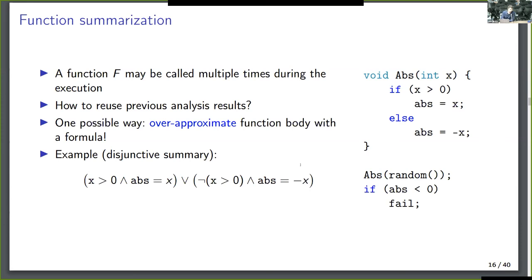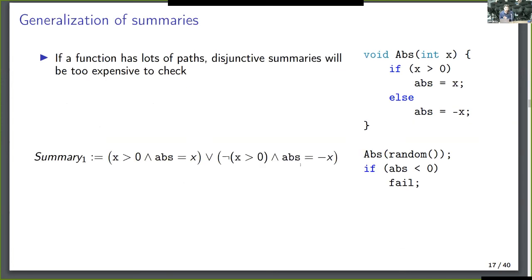And actually, it exhaustively describes the behavior of our function, so it is not a very interesting summary. Instead, there are techniques of generalizing these summaries. So the idea is to simplify the formula by over-approximating it.